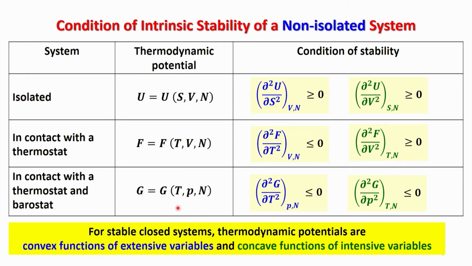When you are looking at the Gibbs free energy, I am actually examining only the dependence of G on intensive variables temperature and pressure. Therefore, in these two cases both the second derivatives are going to be less than or equal to 0 for a stable system.